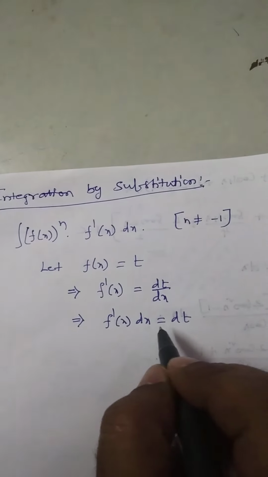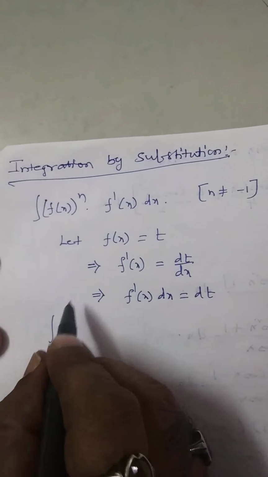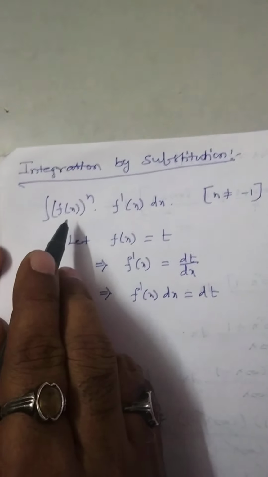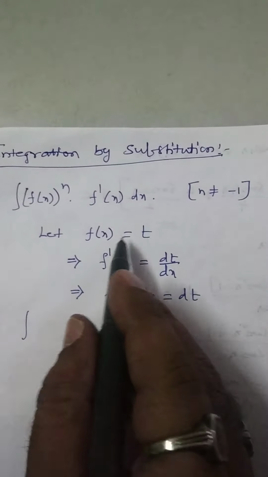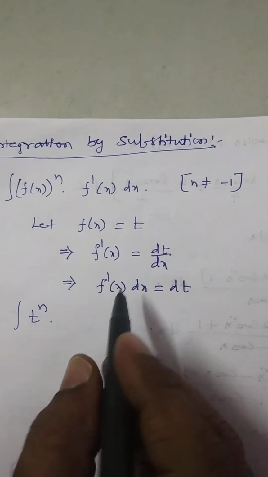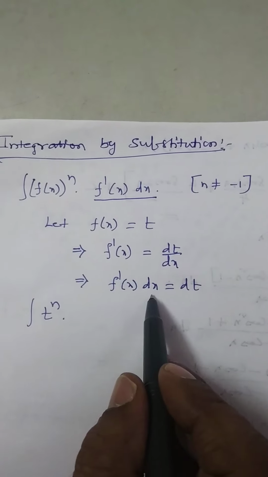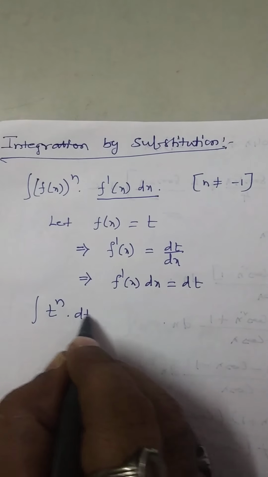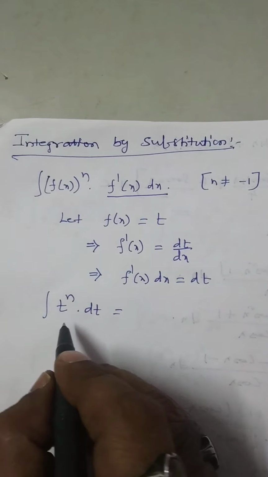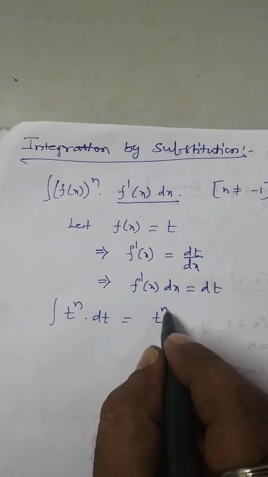So with this, going back to the given integral, f of x whole power n is given. We had assumed f of x as t, so t power n into f dash of x dx, which we got as dt. Now we can apply the formula for x power n, that is x power n plus 1 by n plus 1.